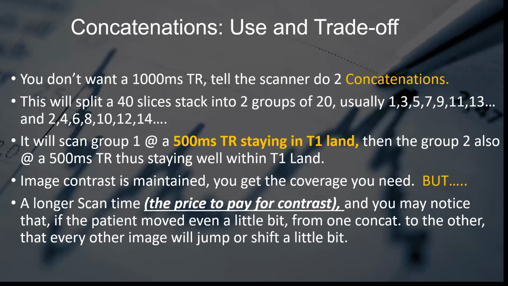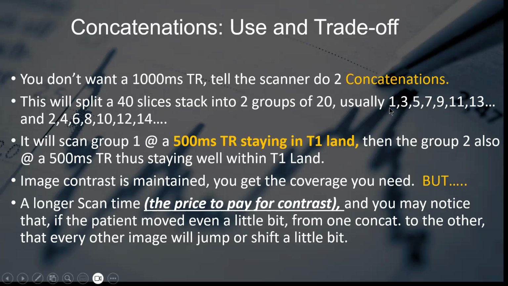And it will scan half the slices at 500 TR, totally done. And then it will go back and do the other 20 slices at 500 TR until they're all done. And then it groups them all together. You get one set of images of 40, for example, and they're done at 500 TR.